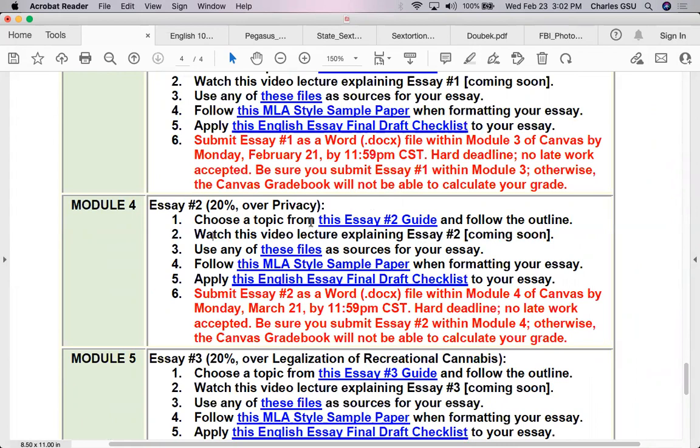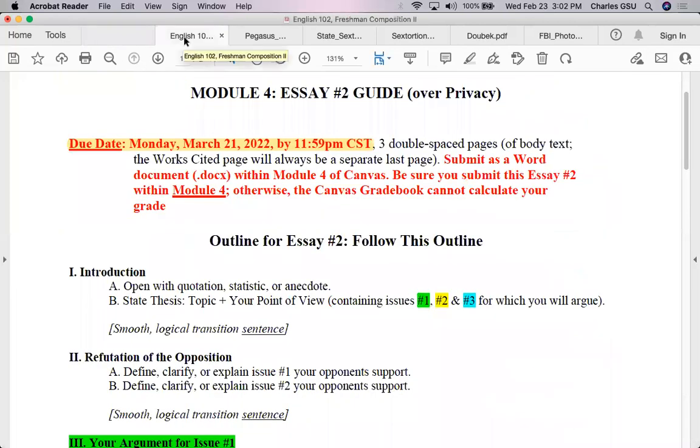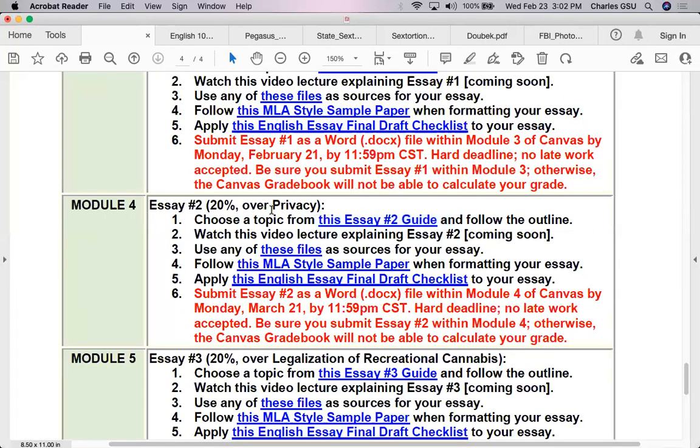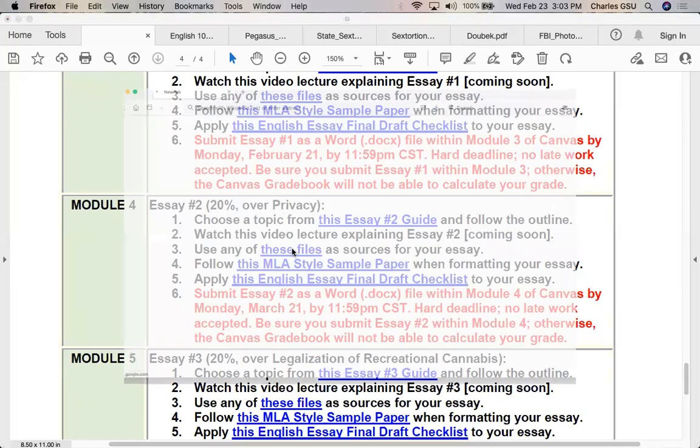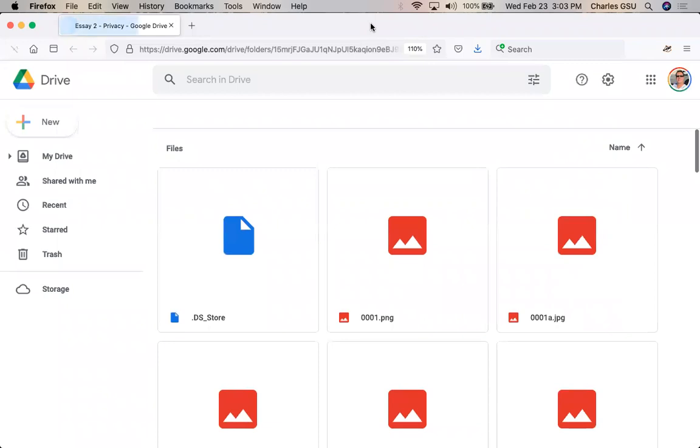If you click this link here about the essay guide, you will find this document, which we will look at in a moment. And if you click this link here that says use any of these files, you will be taken to a folder in our Google Drive.